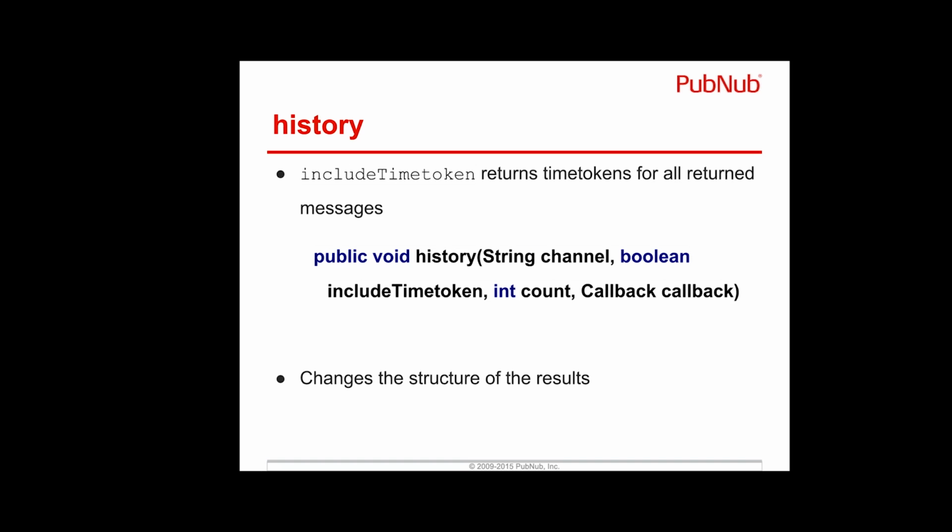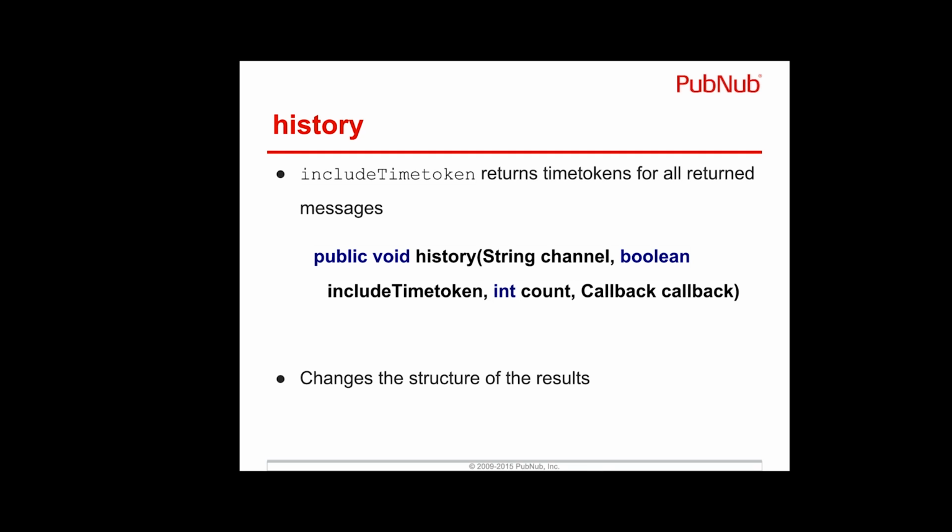You can also reverse the history, the order in which the history is returned. When true, it returns the messages from the beginning of time, versus the other way around, which would be from the end of time going backwards. Include time token: I mentioned this earlier.